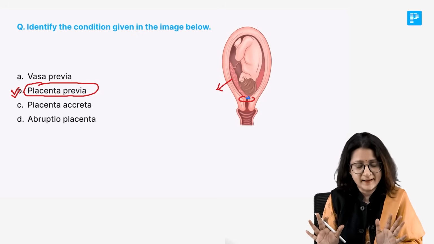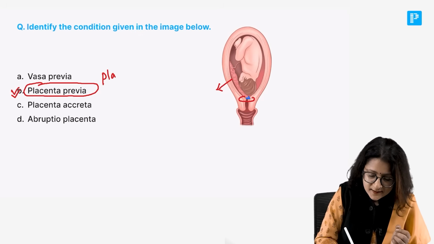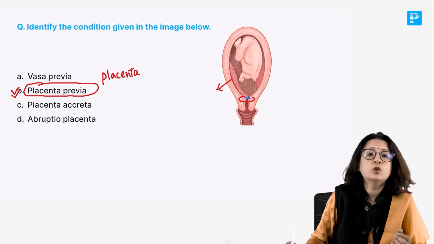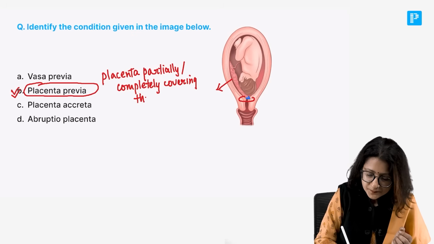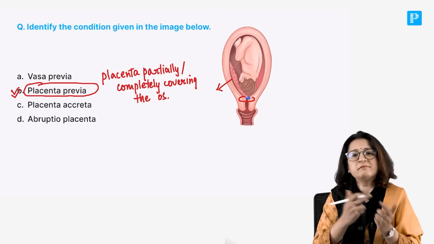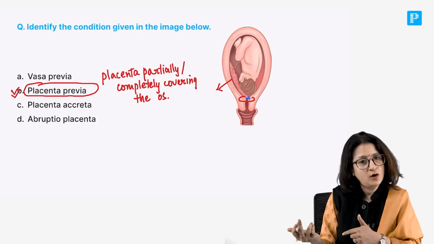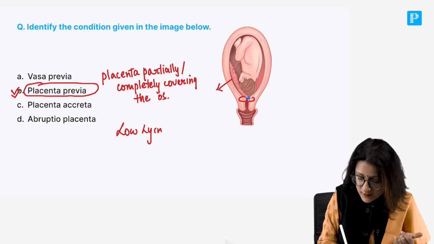So previa would mean that the placenta is, of course, in the lower uterine segment, but partially or completely covering the os. So basically, from the previous classification, it compares to the major degrees, 3 and 4. And then we also have, remember, an extra point, low-lying placenta.